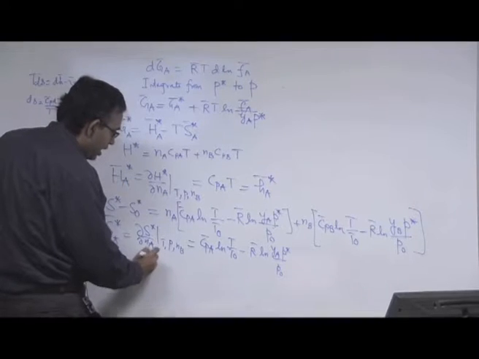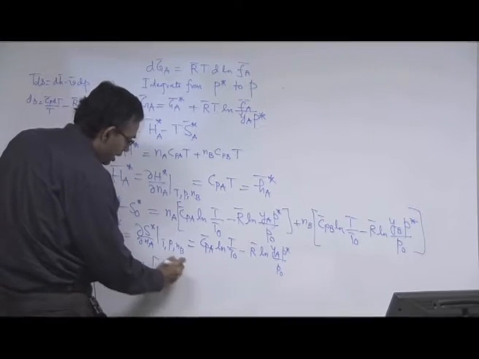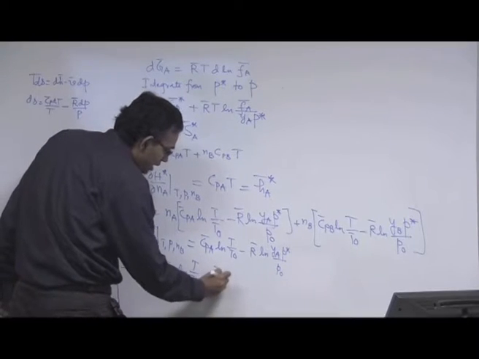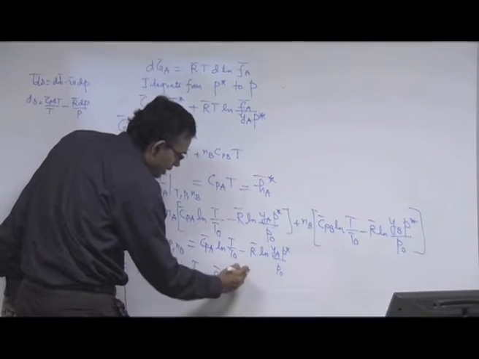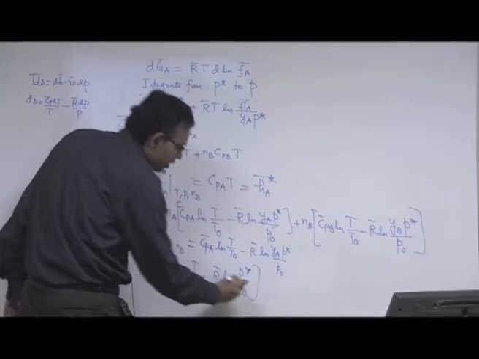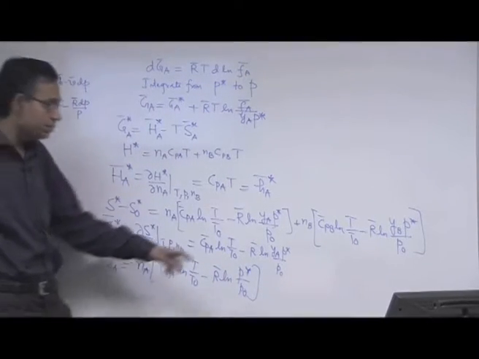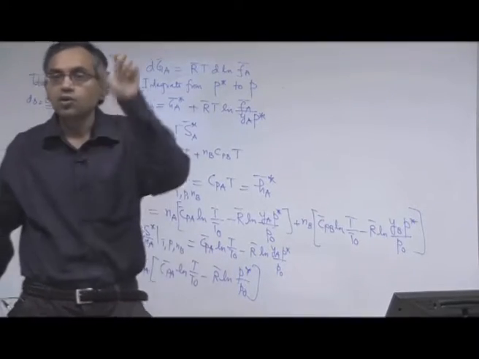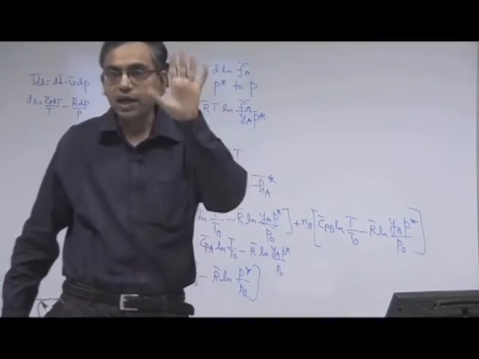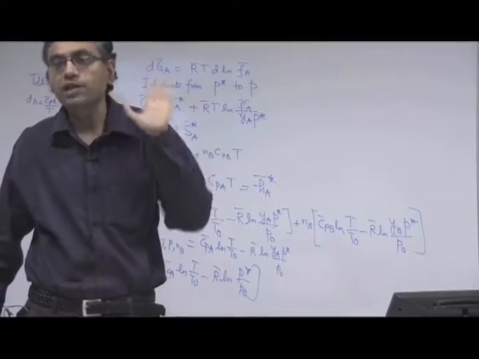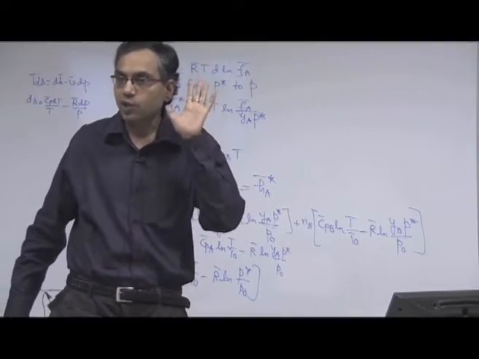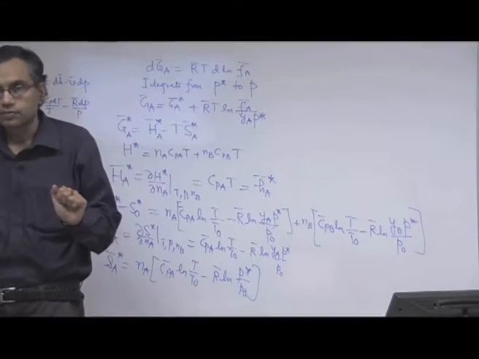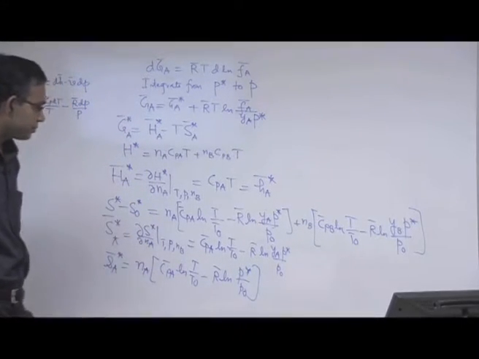Na Cpa ln T by T0 minus R ln P star by P0, no question of mole fraction, because partial pressure is not required. Always keep this in mind, when you have a mixture in an ideal gas state, you always refer to partial pressure, and for an ideal gas that is total pressure times the mole fraction.